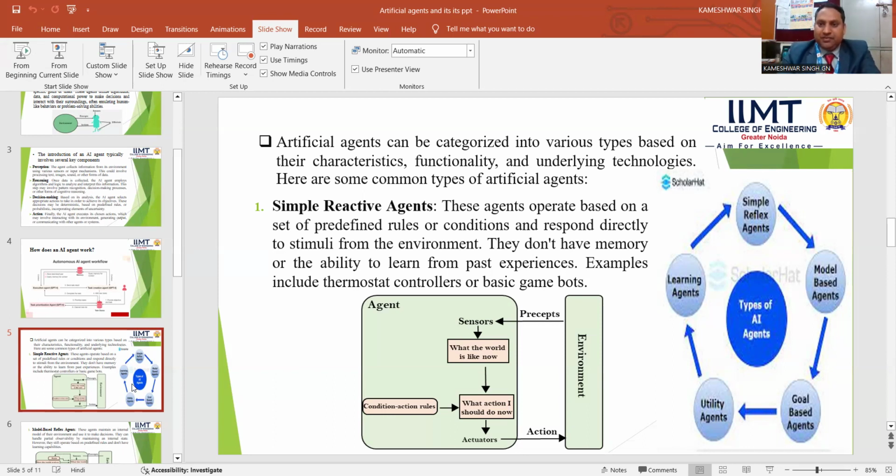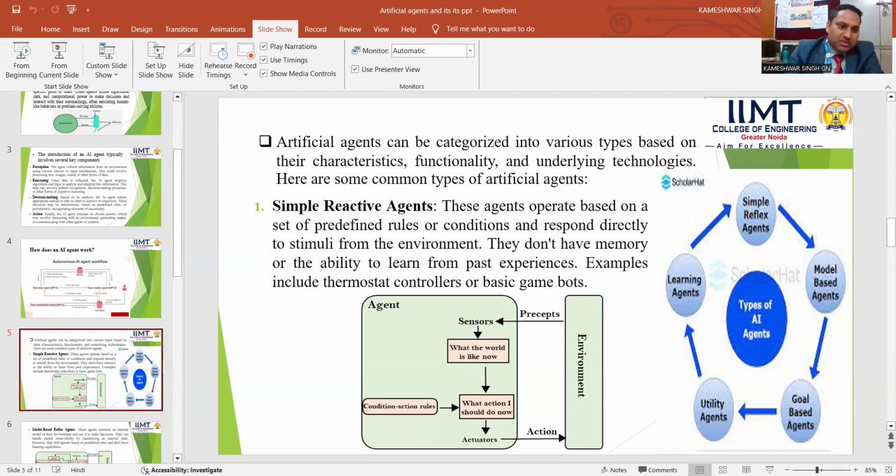A simple reflex agent cannot do this. Model-based agents first realize whether the room is empty or not. These conditions apply, then the model-based agent will be introduced.